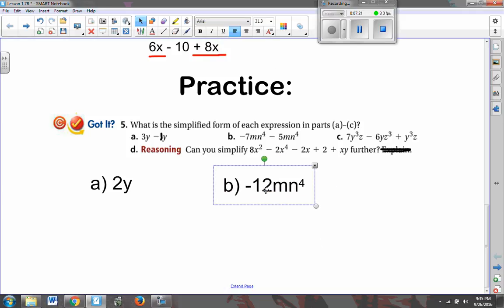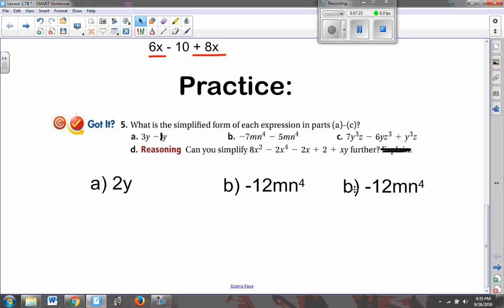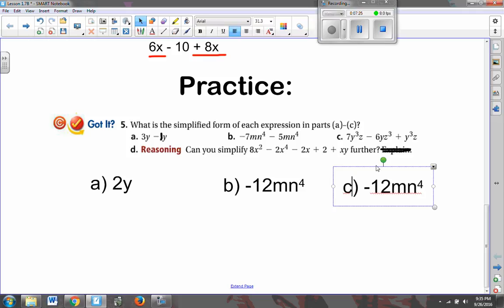And then in letter C, what we have to notice is that the 7 has y to the 3rd z, and there's an extra 1 y to the 3rd z right at the end here. But the middle piece is yz to the 3rd, so that's 3 z's multiplied together with 1 y, instead of 3 y's multiplied together with 1 z. So we can't actually combine with the middle piece there, but we can combine the first piece and the last piece.